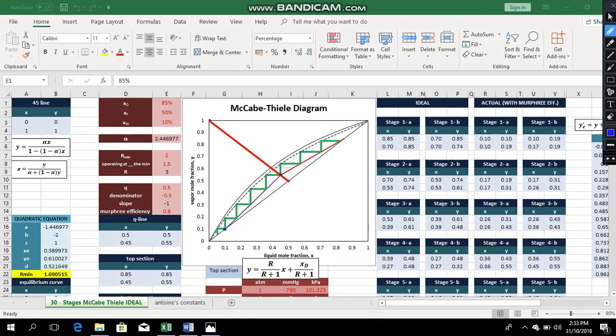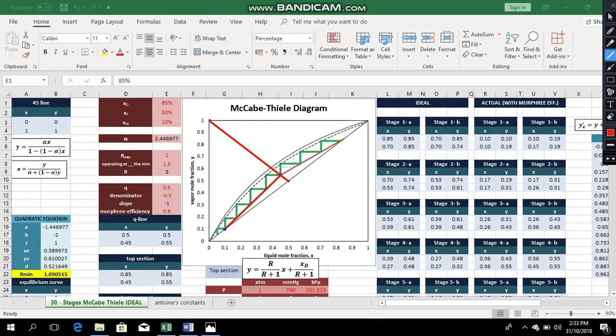This point here, we'll connect from this point of intersection to the point of distillate, 0.1 and 0.1.